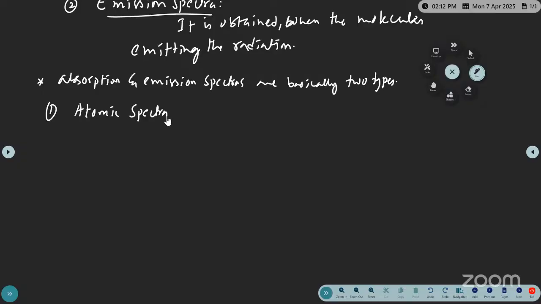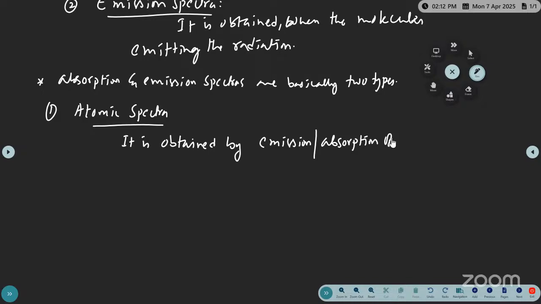So atomic spectra is obtained by emission or absorption of electromagnetic radiation by the atoms.